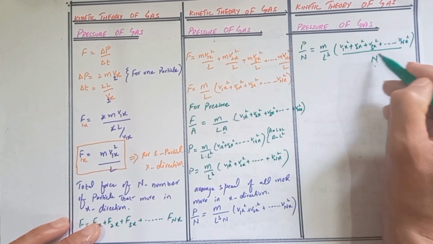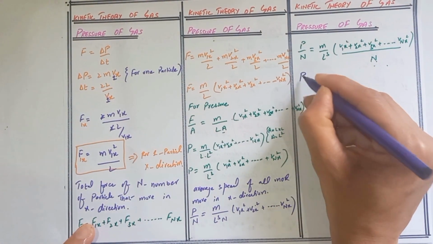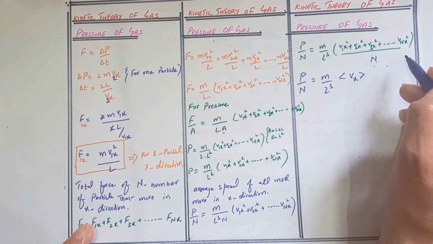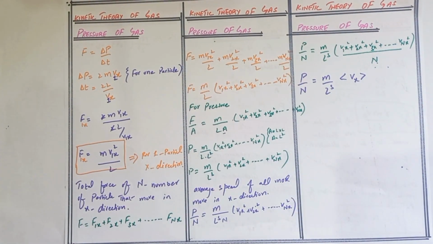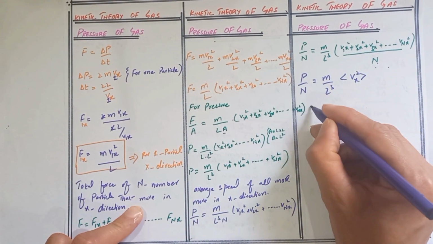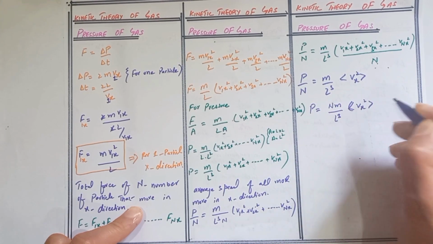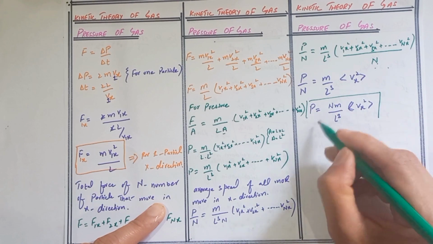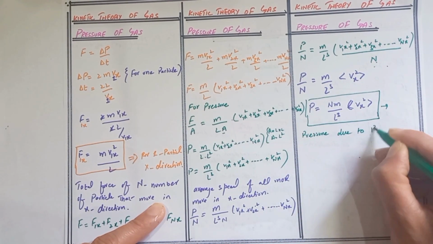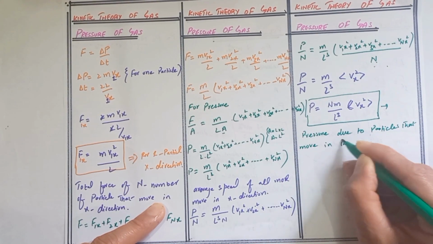Here we get the average of all the particles moving in the x direction, that is the average of vx². If this n is multiplied back, we can calculate the pressure due to particles that move in the x direction.